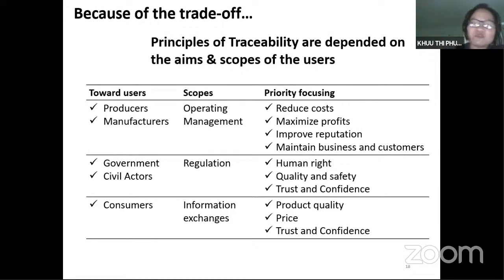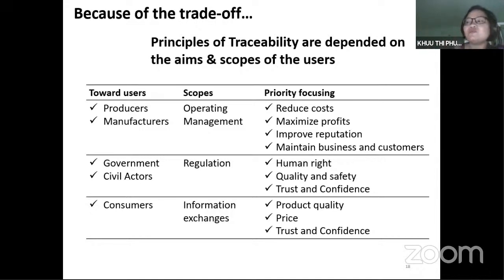But from the government or civil actors, we will focus on human rights. We will focus on quality and safety. We want to focus on trust and confidence. So that's why we have to try, based on traceability systems, to establish regulation. And from the consumer side, like I mentioned, they will focus on quality product.